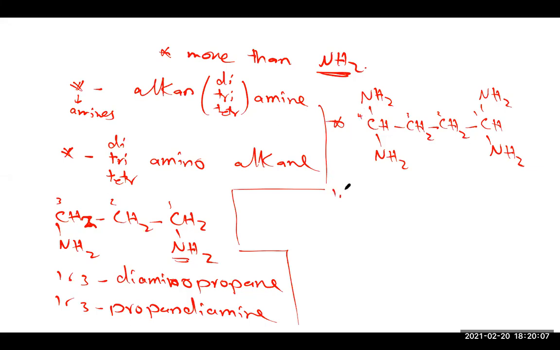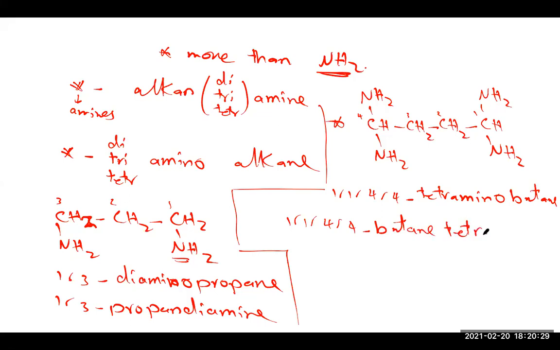So it will be 1,1,4,4-tetraamino, and we have 4 carbons, so it will be butane. Or 1,1,4,4-butane tetraamine.